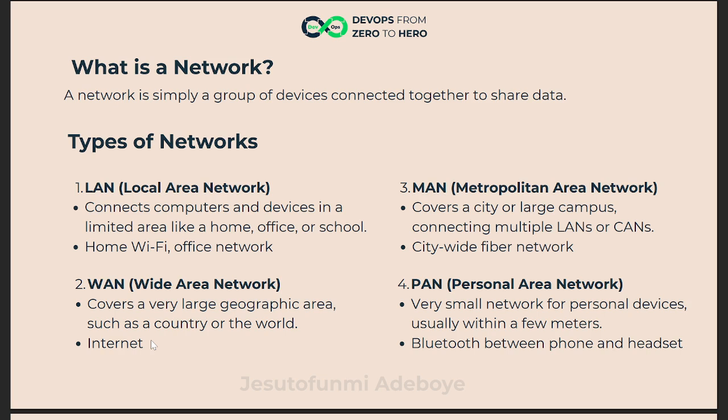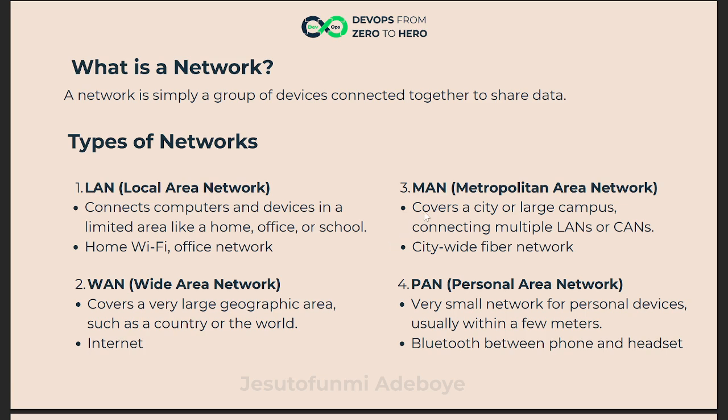And we can see, for example, the internet. That's the largest one we have. We are all connected to the internet. You can hear me presently via the internet. If there's no internet, there's no way in the world that you will hear me. I hope you can understand that.